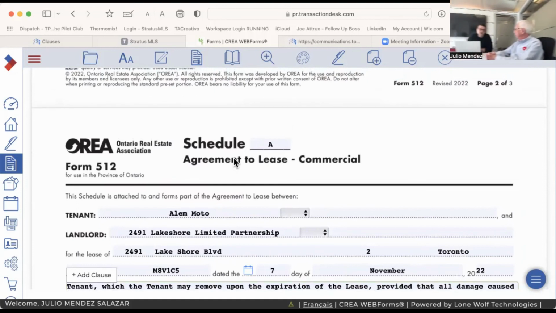So the cost here is totally different, but still there is a little bit of similarity, and when you know the form, when you know how to go to the clause, you can pick up whatever you want. Depends who you're representing. Exactly. If you're representing the tenant, you support the tenant, their clauses. If you're working on behalf of the landlord and have a listing signed for the retail space to be leased, then you're working on the landlord's side, so you want to protect the landlord. Exactly. Okay.